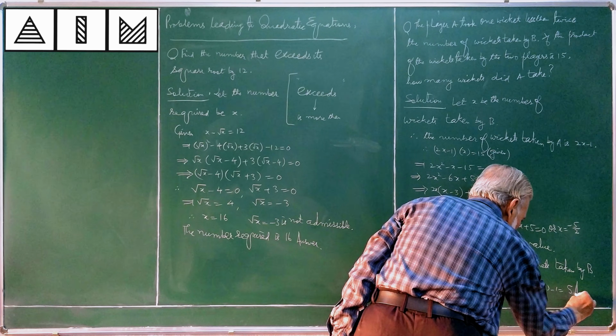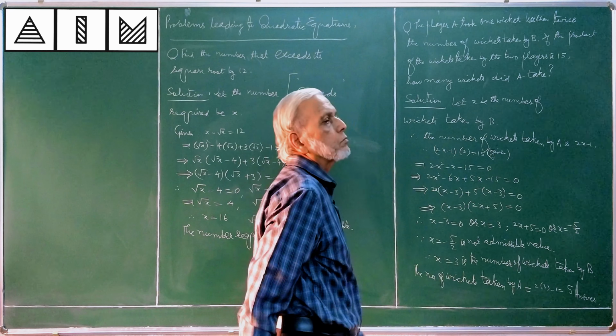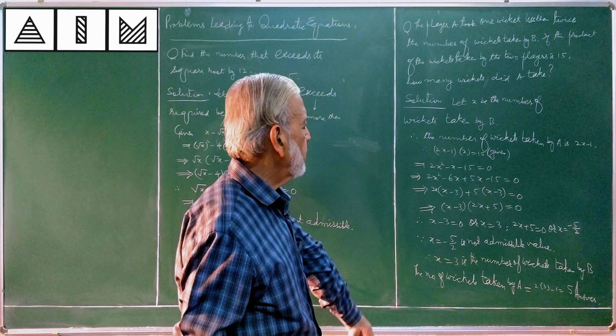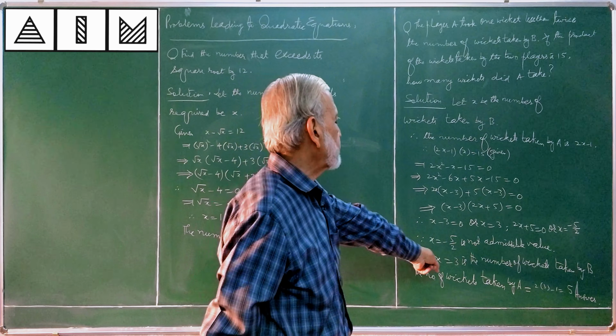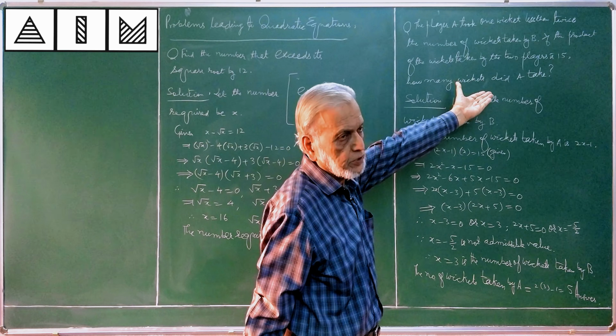This is your answer. As a verification, you can see A took 5 wickets, B took 3 wickets, product is 15. That's a sort of verification.